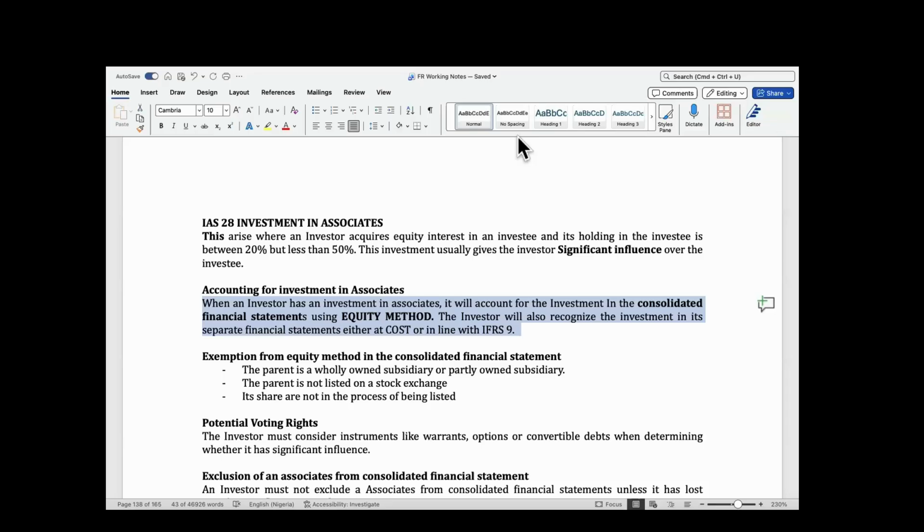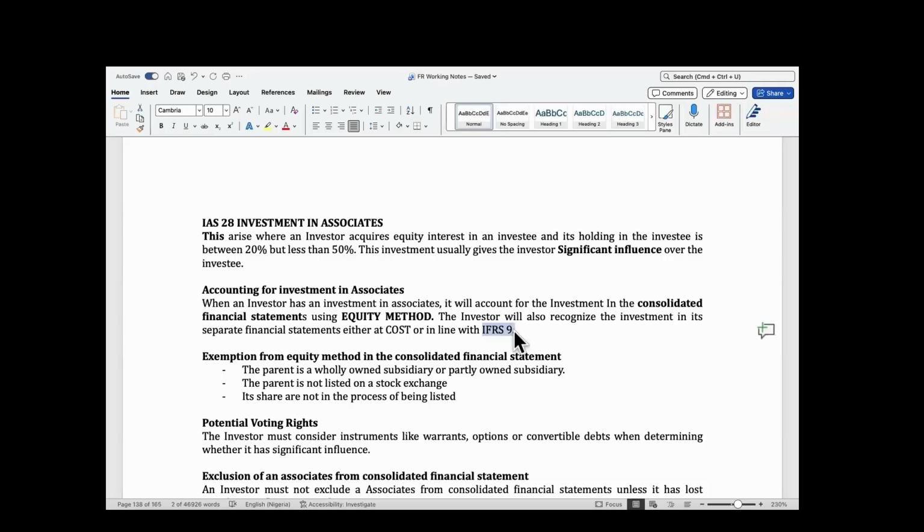So when you have an investment in associates, if you are preparing consolidated financial statement, in that consolidated financial statement, you would incorporate your investment in associates using what we call equity method, which I will explain very soon. However, in your own separate financial statements, you would put that your investment in associate either at cost, and you know what cost means, the amount you paid for that investment, or in line with IFRS 9, which is usually fair value.